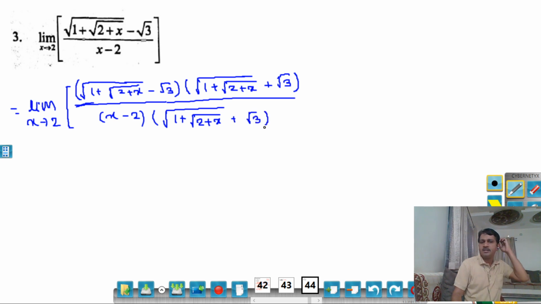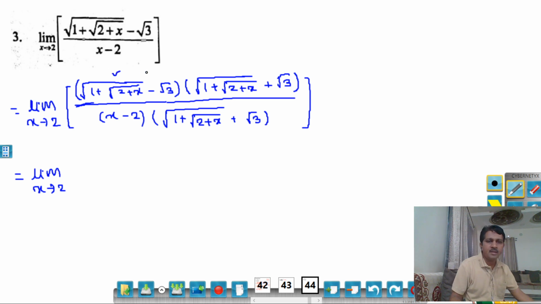Now multiply the terms in the numerator. Limit x tends to 2. If I multiply, what I get is a minus b into a plus b, which is square of first minus square of second. If I square the first, the square root is removed, and that will give me 1 plus under root of 2 plus x. This is the square of first, minus the square of second, meaning the square of root 3, which is 3.